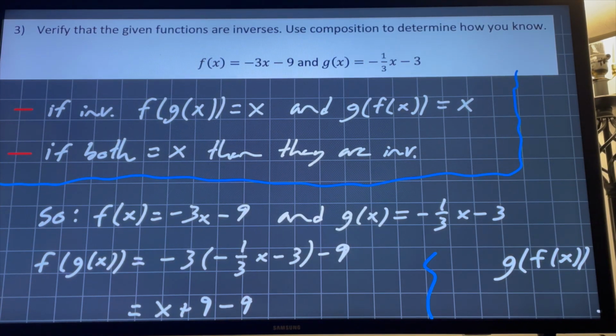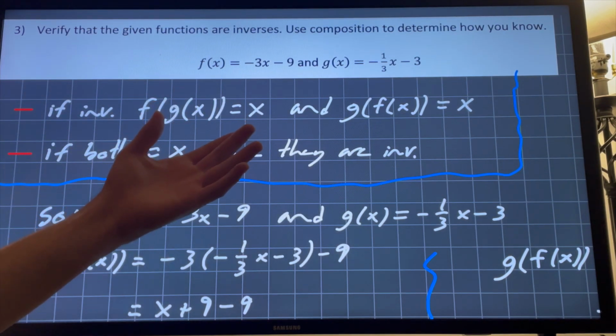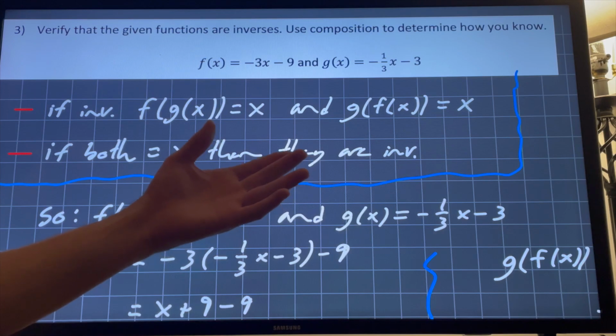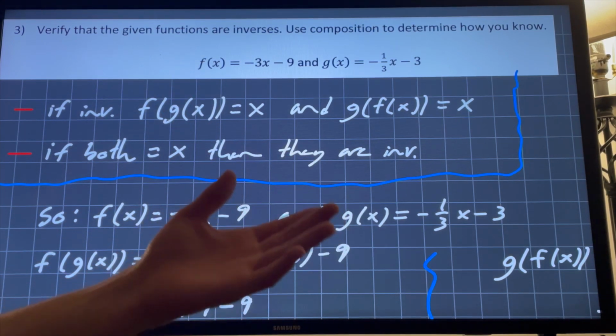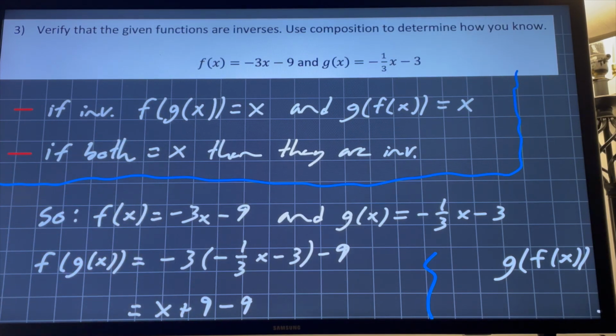But in this, we're supposed to use compositions to figure out how we know that two things are inverses of each other. Now, I put some notes here to help us understand where we're going in this. So first, if f of g of x is equal to x and g of f of x is equal to x, then both functions have to be inverses of each other.